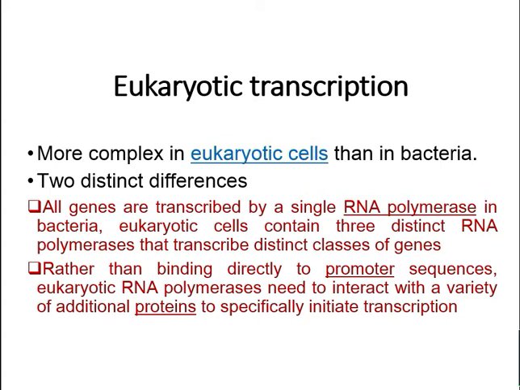With the sigma factor, it will directly bind to the promoter sequence of the gene which is to be transcribed. Whereas in eukaryotes, the RNA polymerase will not directly bind to the promoter sequence, but before that it will interact with a variety of additional proteins to initiate transcription. So interaction with other proteins is required for eukaryotic RNA polymerase to start transcription.